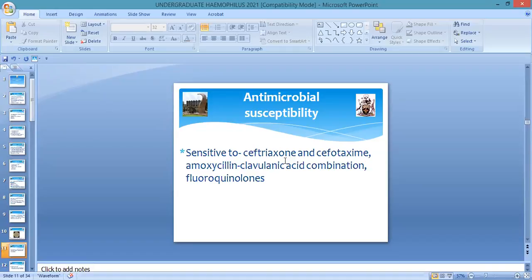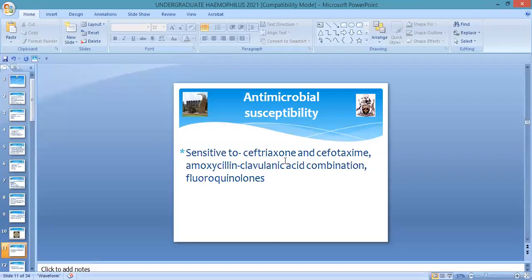So that combination has been shown to work, but you can also go for third generation cephalosporins like ceftriaxone and cefotaxime, which are also important, okay, in terms of treatment.